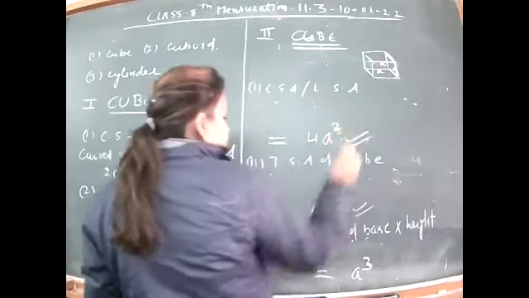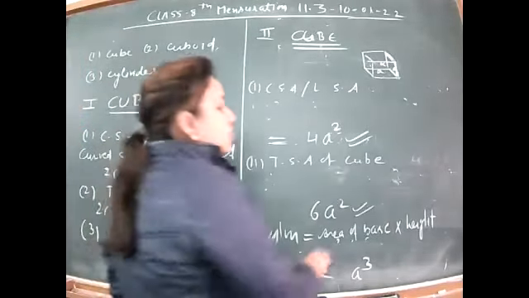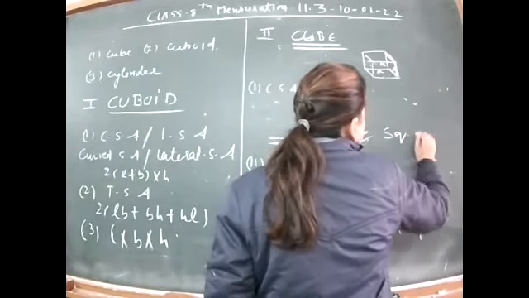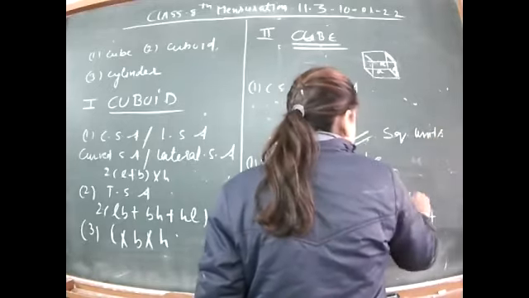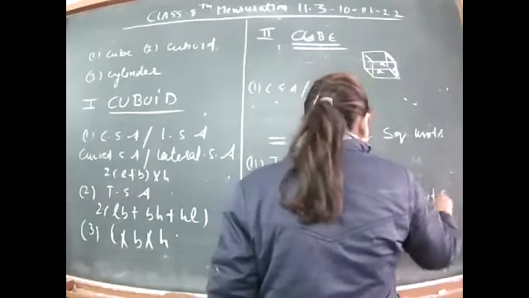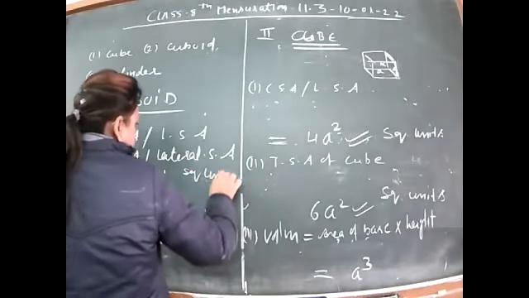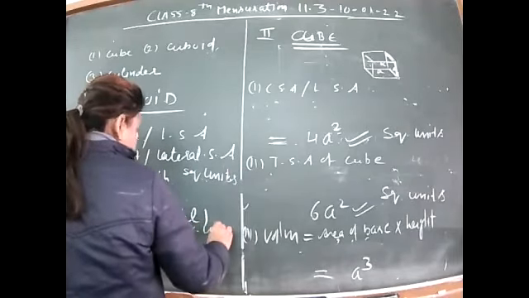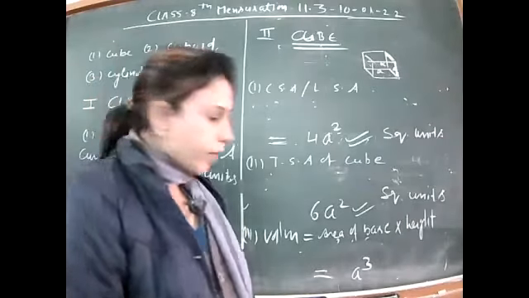The curved surface area and the total surface area are in square units, centimeter or meter or anything, it will be in square units. And the volume will be in cubic units.